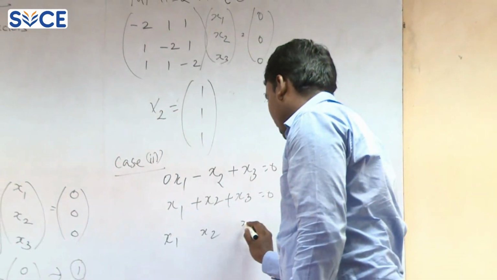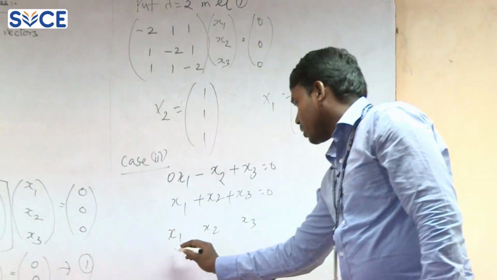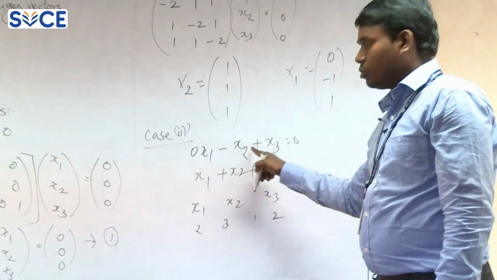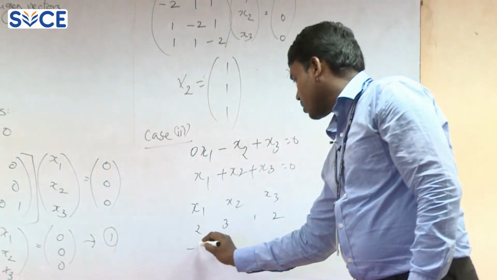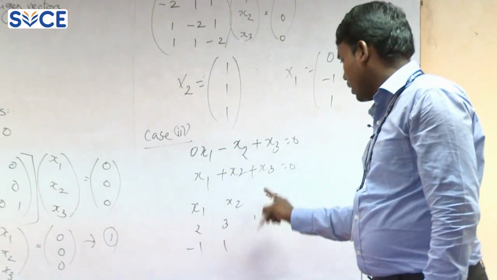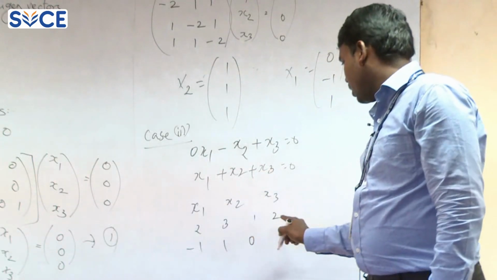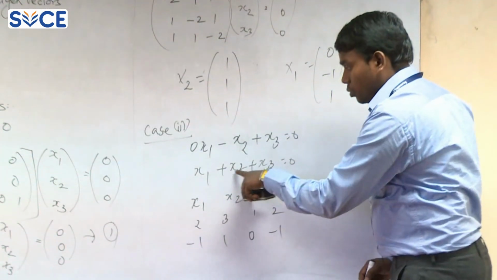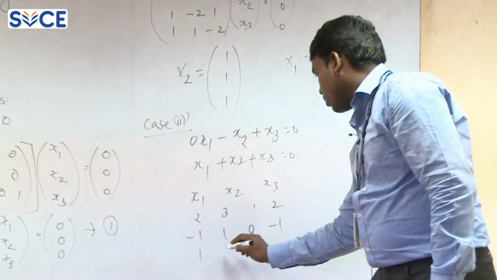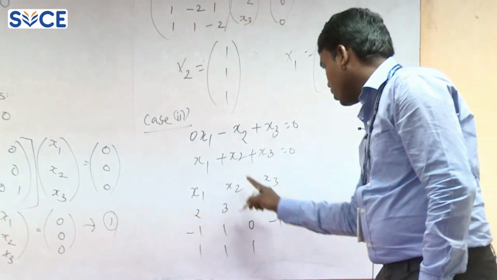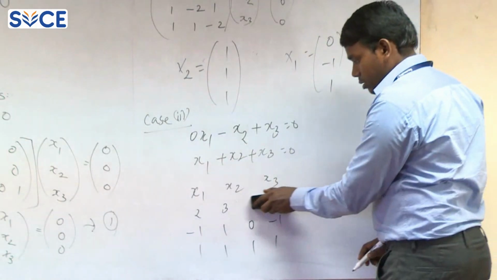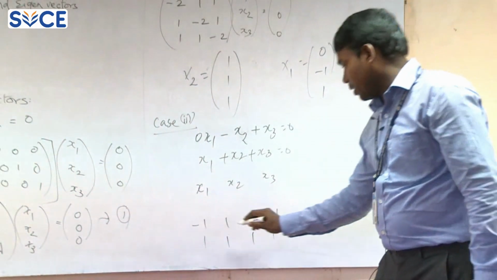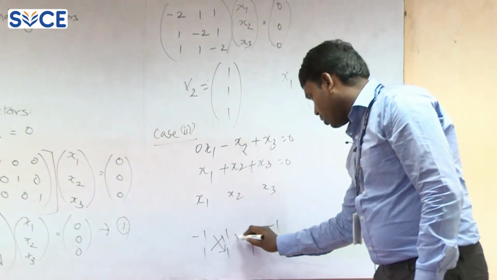Again, by the rule of cross multiplication, x1, x2, x3. Write the coefficients: first equation 0, minus 1, 1, second equation 1, 1, 1. Now apply the rule of cross multiplication, that is up to down, down to up.